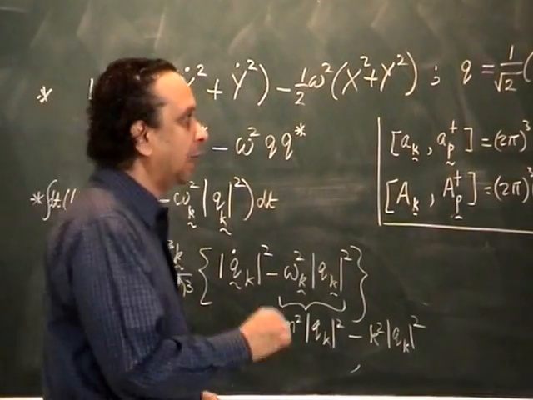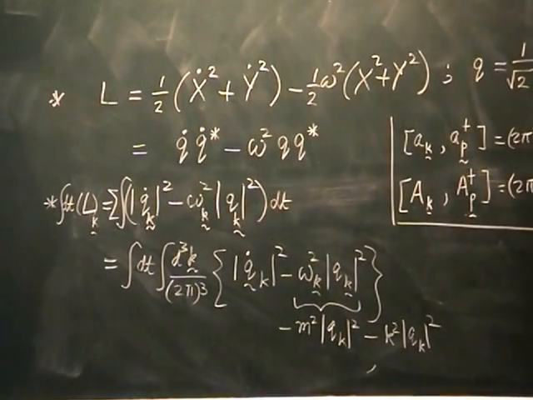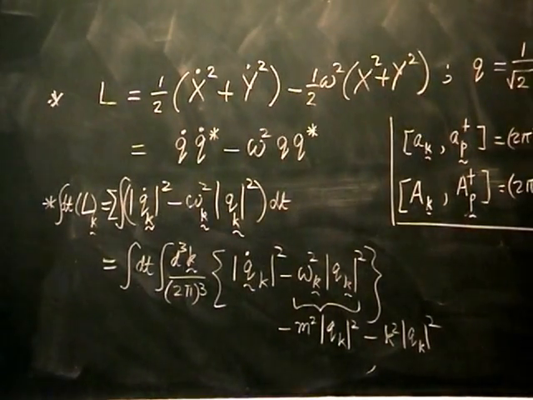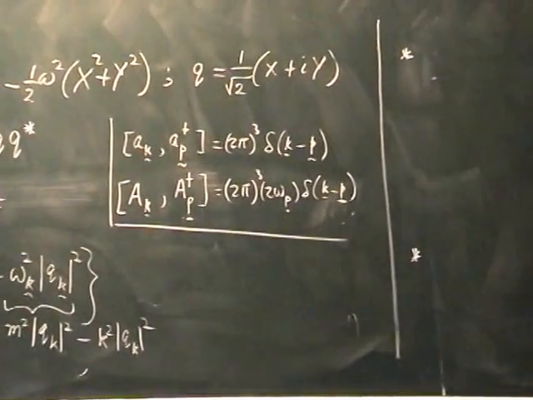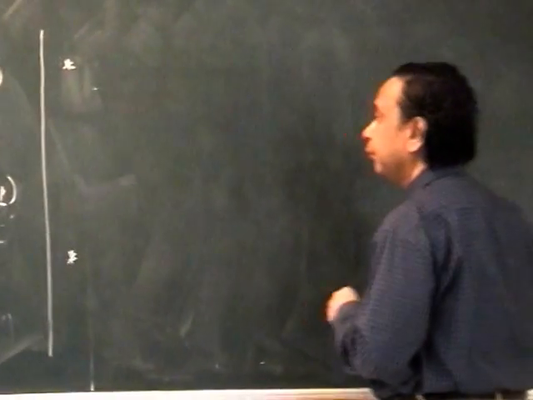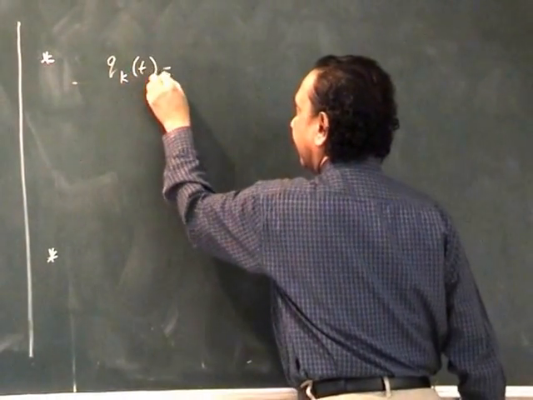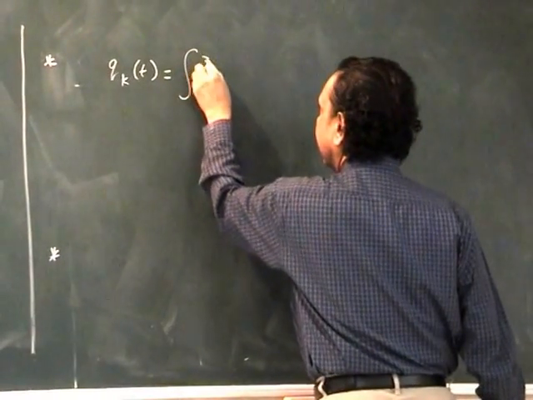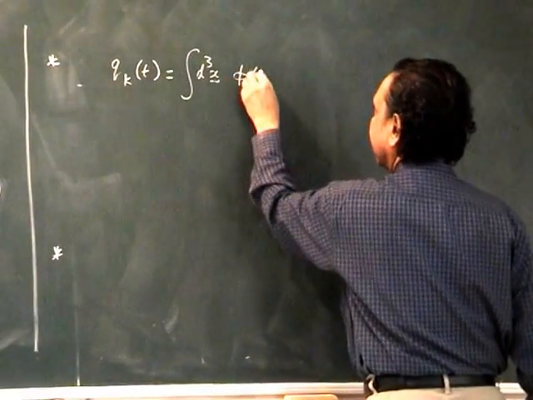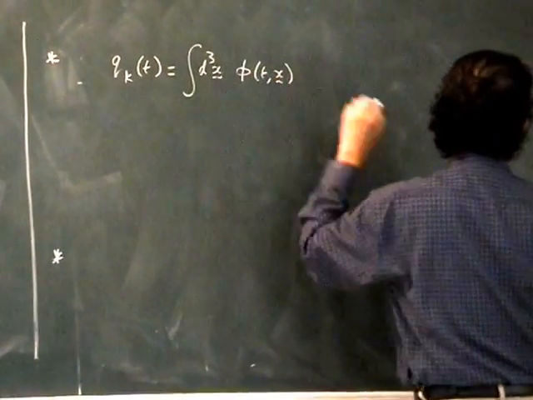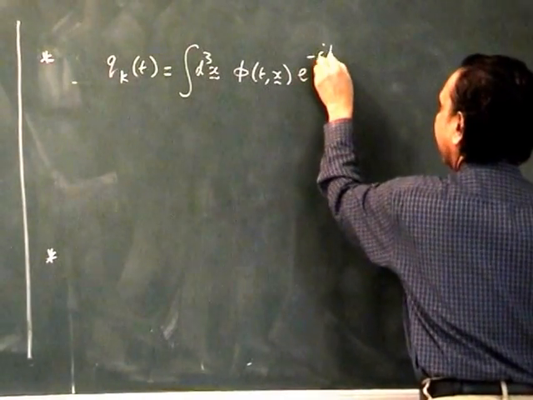So what am I doing? What I am going to do is to use that relation to write down a whole lot of things for qk in terms of phi. Let me do that for you explicitly. So first I have qk of t, which is the integral over d3x of phi of t comma x, with an inverse transformation e to the minus I k dot x.